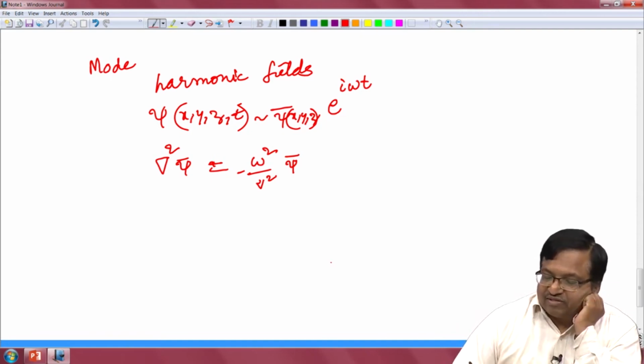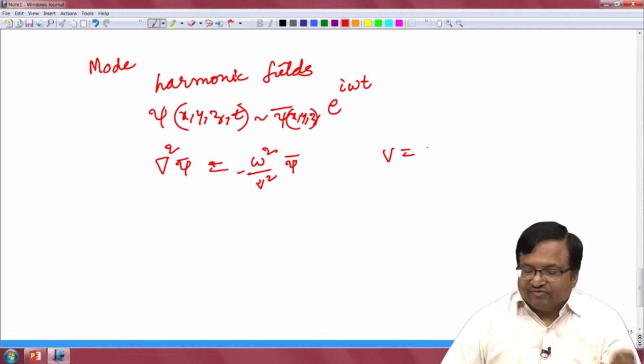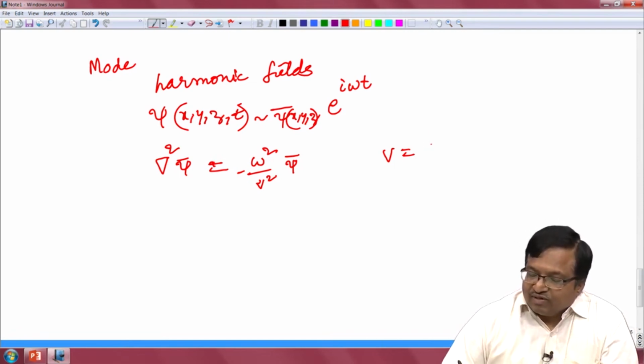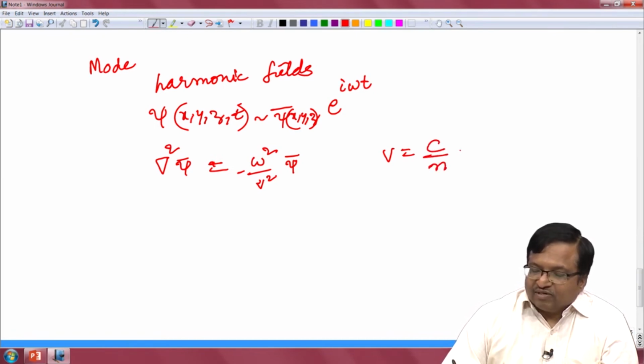We can also express the velocity in terms of frequency times the wavelength, and reduce this equation further. Let me put velocity is c by n, where n is the refractive index of the medium, and the wavelength multiplied by the frequency will give the velocity divided by n.